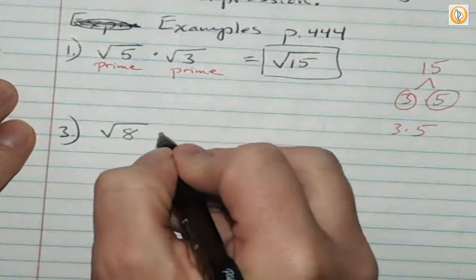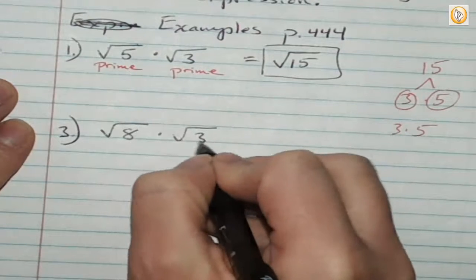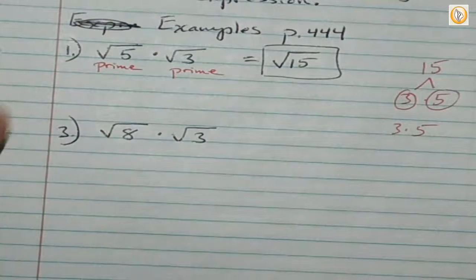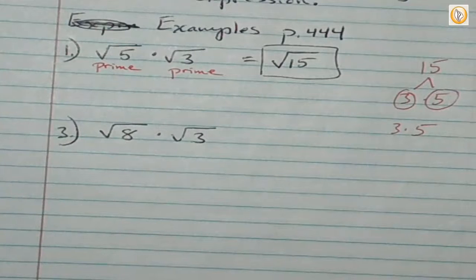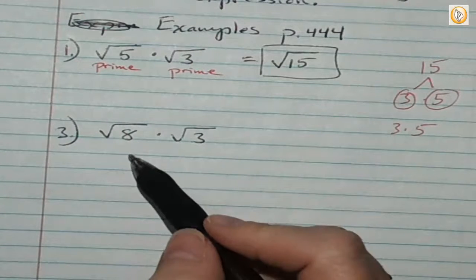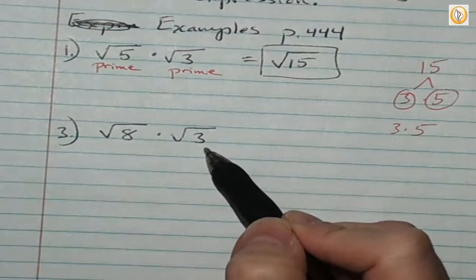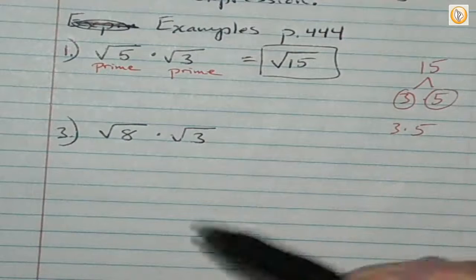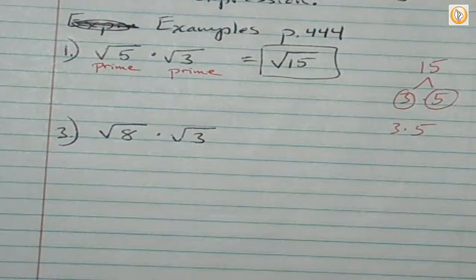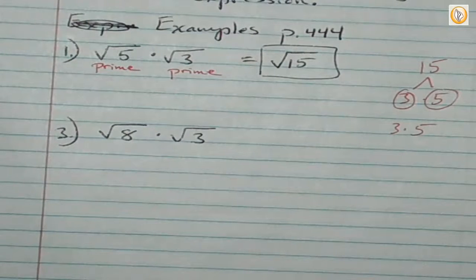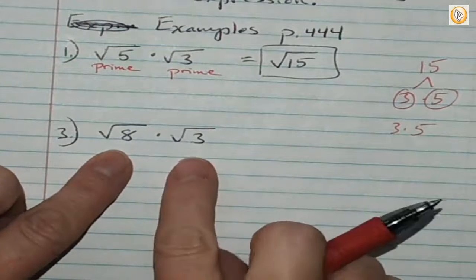Square root of 8 times square root of 3. Okay. 7th grade, they can easily just do 8 times 3 and then do a factor tree and figure it out. Y'all are not going to have easy problems like that. So at this stage of the game, what you're going to do is do the factor tree for each.